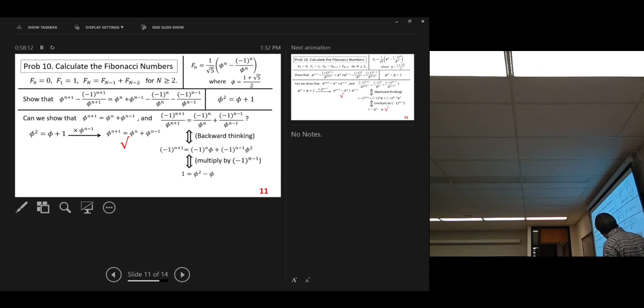This one is also positive, but this one is negative: n plus n minus 1 is 2n minus 1, an odd number, and negative 1 to an odd number is negative 1. You get this. Is this correct? Look at the property. That's correct, we used it before: 1 equals phi squared minus phi.